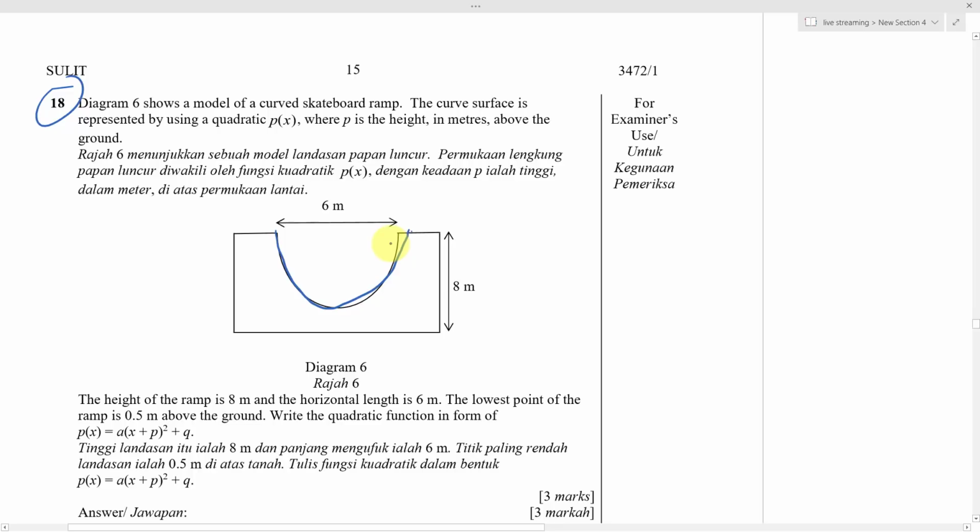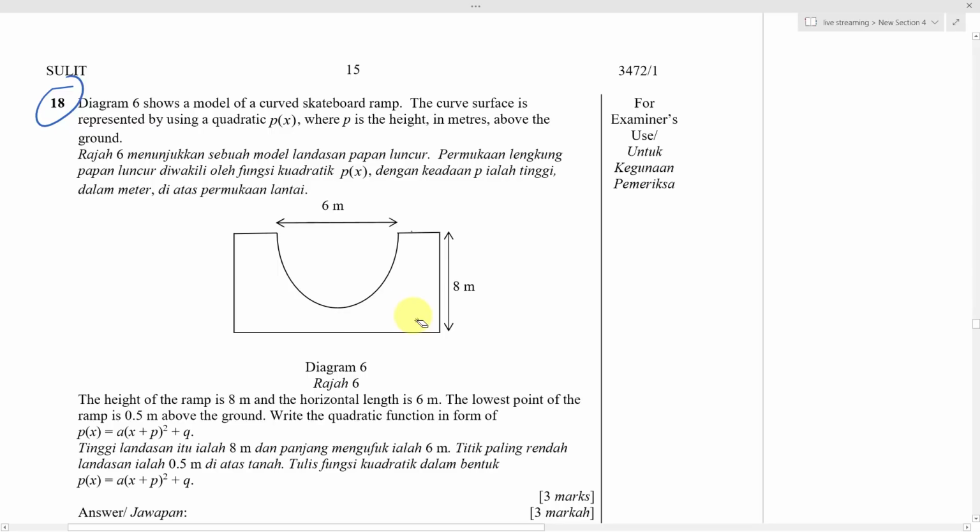Because you can have a lot of equations that give you the same measurement of this u, but then the y-axis will be different. The main problem of this question is there's no way you know where your y-axis is. I tried so many methods to get my y-axis correct, and then when I checked the marking scheme, it actually gave me 3 different answers. That means I can randomly put my y-axis wherever I like. Yeah, this is the problem.